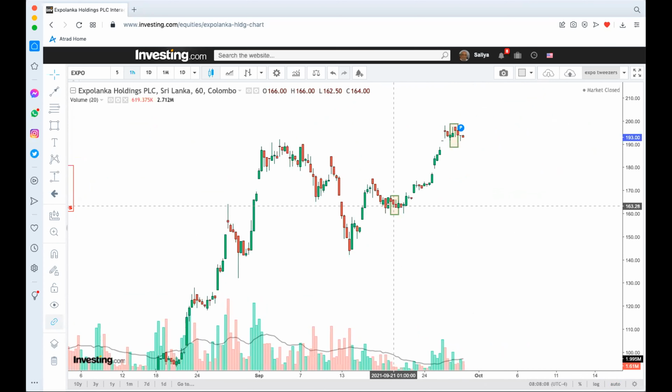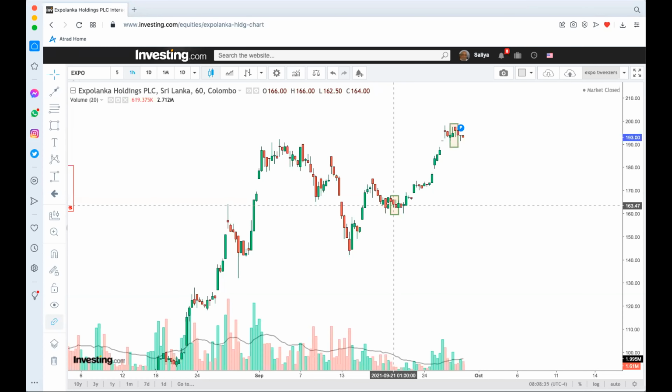It is not really a hammer, but you have a red body with a lower tail. And the range is 162.50 to 166. Look at the following one, 162.50 to 166, but it is upside down, right?